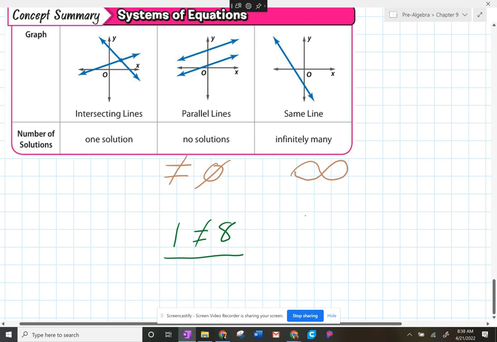If I ever had a problem that said 3 equals 3, does 3 ever equal 3? When does that happen? All the time, right? So if it's the exact same number on both sides, infinite solutions. If the numbers don't equal each other, then again we have no solution.